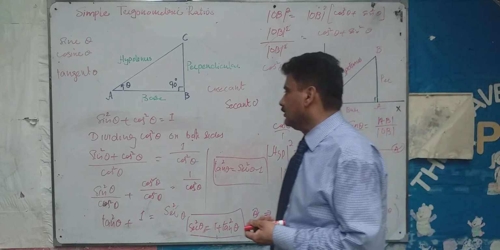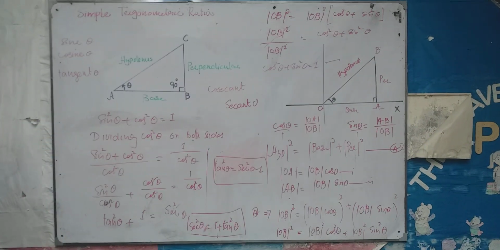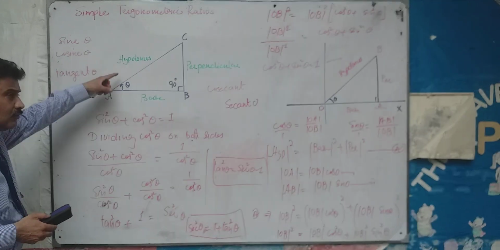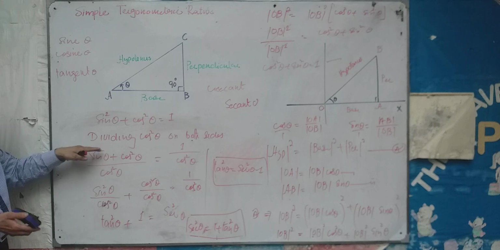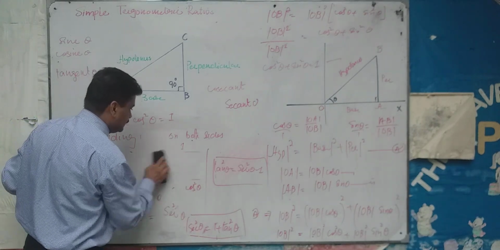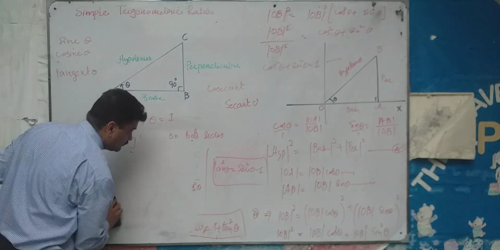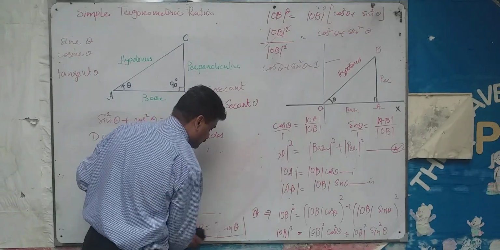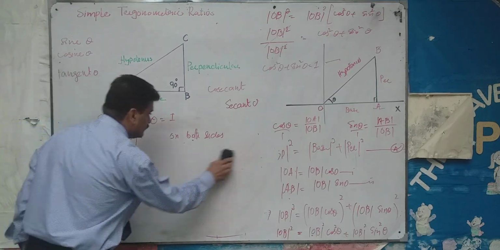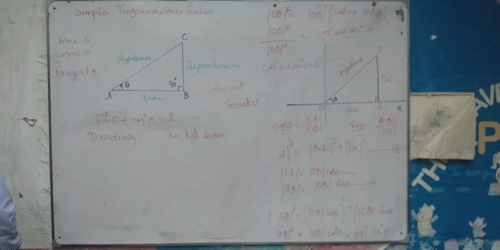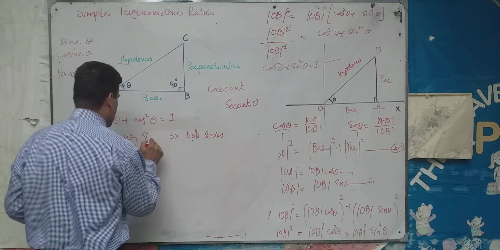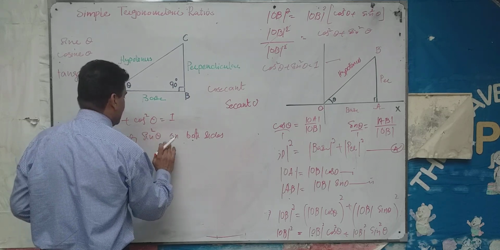Similarly, now we divide this identity by sin squared theta instead of cos squared theta.